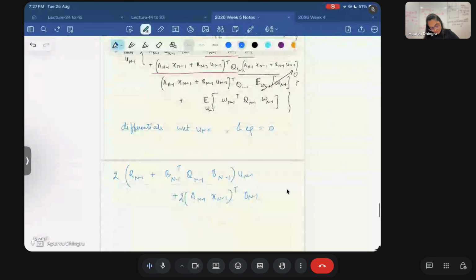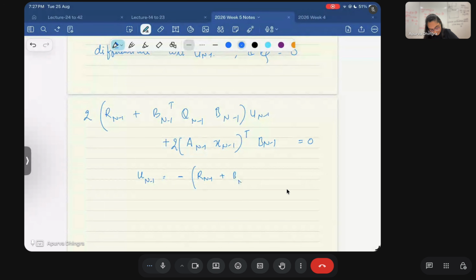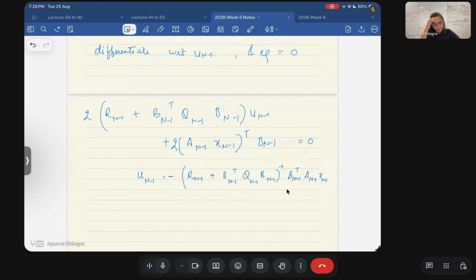So ultimately what you've gotten, and let me rewrite this more carefully, is something negative, the inverse of that, and you could rewrite this term and say that this is b n minus 1 transpose a n minus 1 x n minus 1, just interchanging the transpose, because both of them are representing the same object.